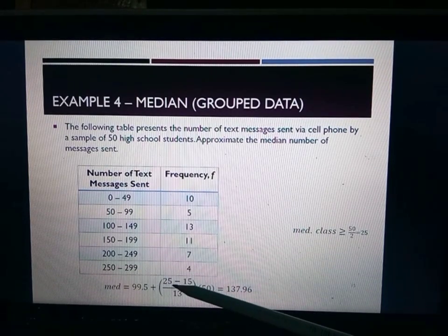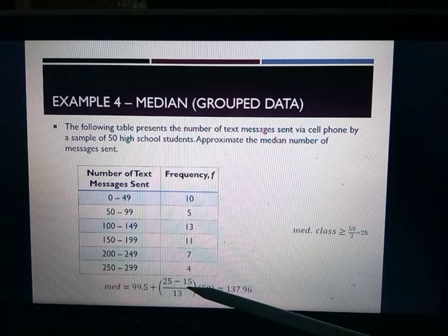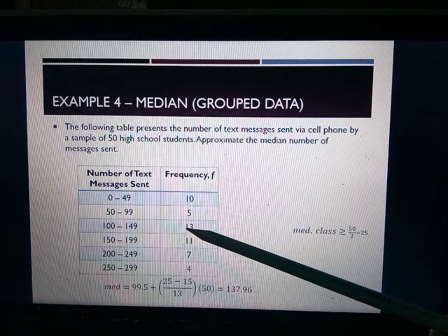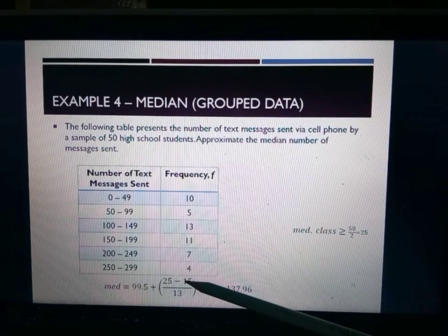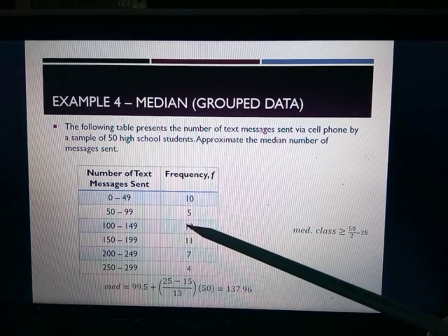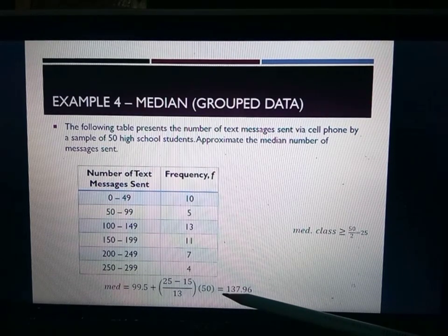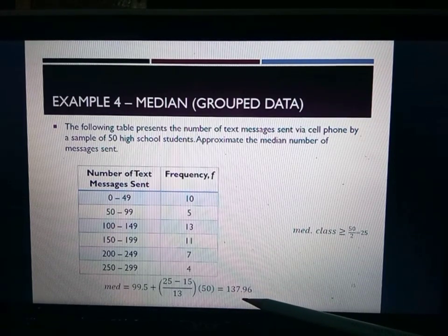Plus n over 2, which is 25, minus 15. 15 is the cumulative frequency before the median class, which means 10 plus 5, 15. Over the frequency at the median class. The frequency at the median class is 13, and then multiplied by the class size. N is 50. So calculate this. The median for this group data is 137.96.